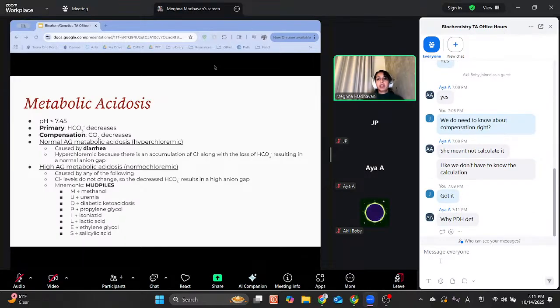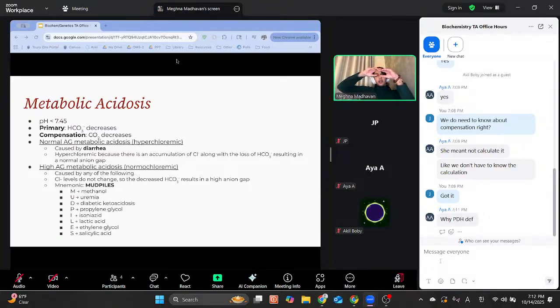Anybody with PDH deficiency has a metabolic acidotic state. PDH deficiency specifically causes lactic acidosis. I believe you learned that earlier in the course. It's that buildup of lactic acid because you don't have pyruvate dehydrogenase, which causes it to shunt.